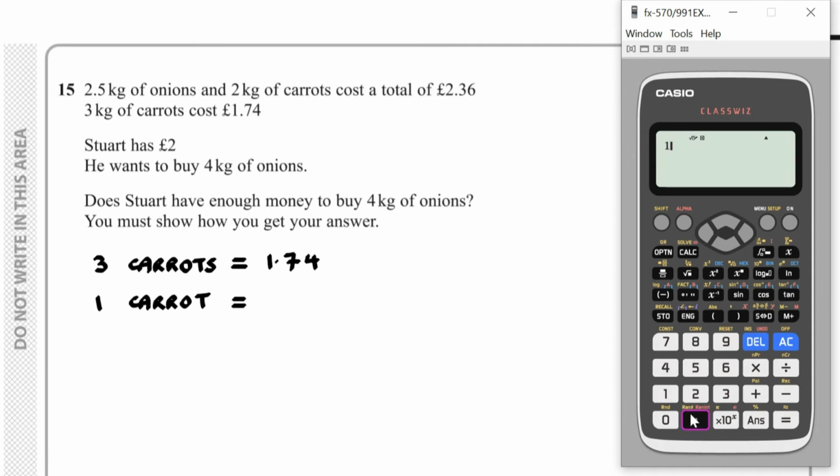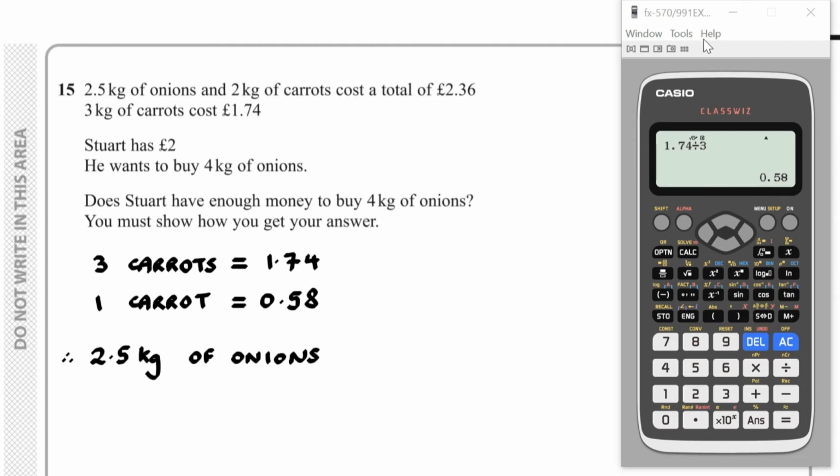We can do this by dividing by 3. 1 carrot costs 58p. So we have 2.5 kilograms worth of onions plus 2 times 0.58, and that's because 1 kilogram is 58p, so for 2 of them we have to multiply by 2.